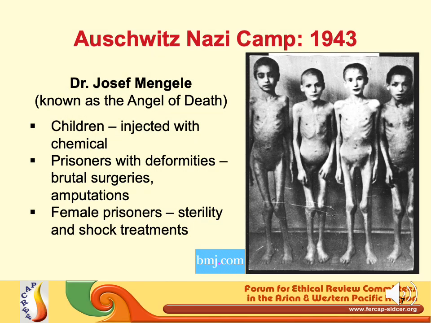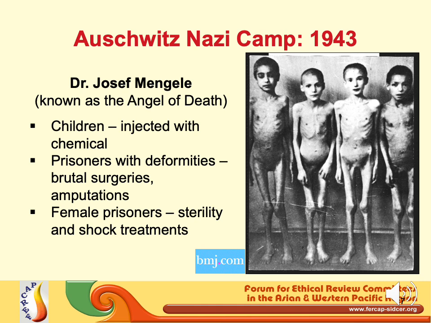During the Second World War, you would have the famous prison of Auschwitz, where the Jews were kept as prisoners by the Nazis on the order of Hitler. And here, the famous Nazi scientist was Dr. Joseph Mengele, who was known as the Angel of Death.